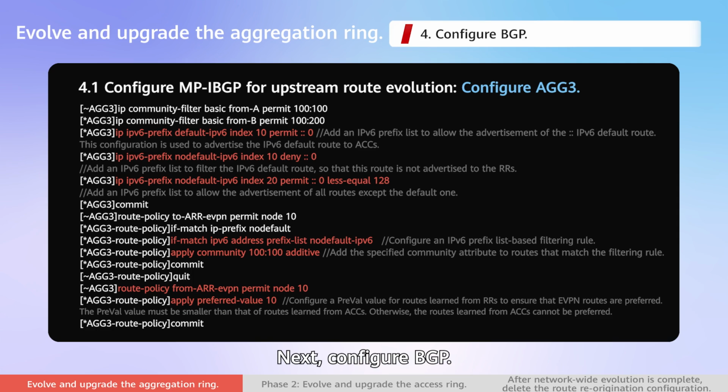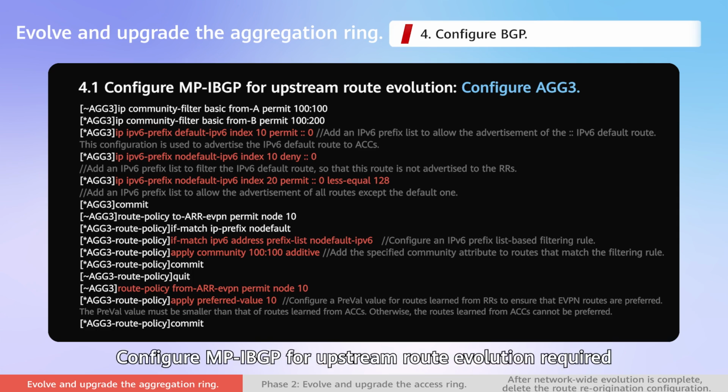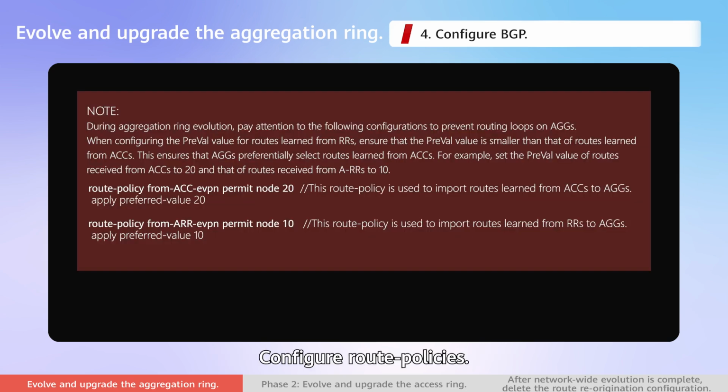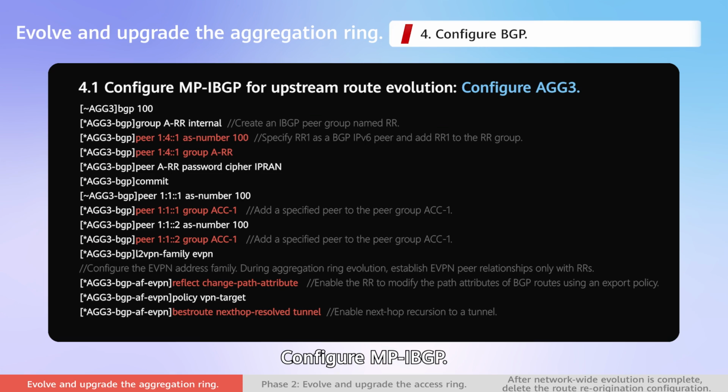Next, configure BGP. Configure MP-BGP for upstream route evolution required by upstream service traffic. This video uses AGG3 as an example. Configure route policies. Configure MP-BGP.